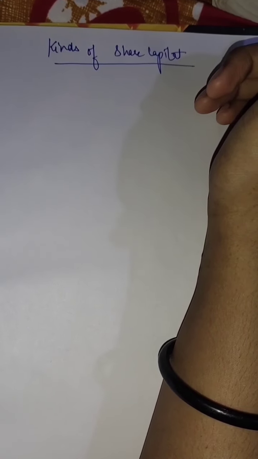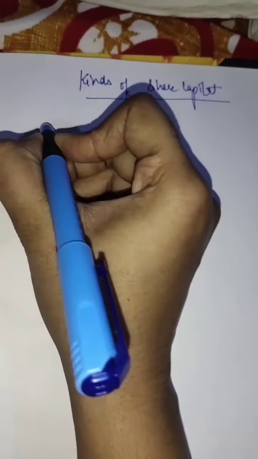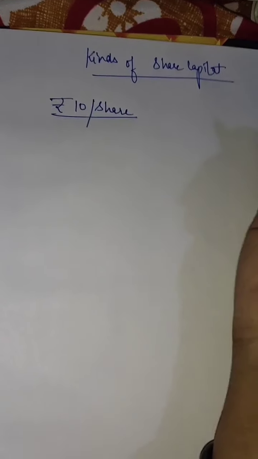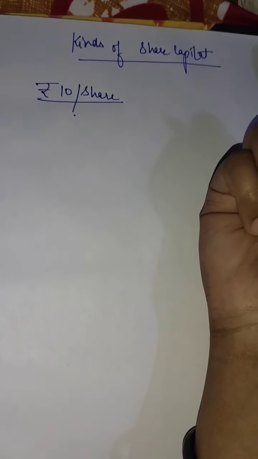Okay, before explaining this, I would like to explain how the company asks for money from the public. I will just take a small example: the share price of a company is rupees 10 per share. The company will never ask for the whole amount at one time.